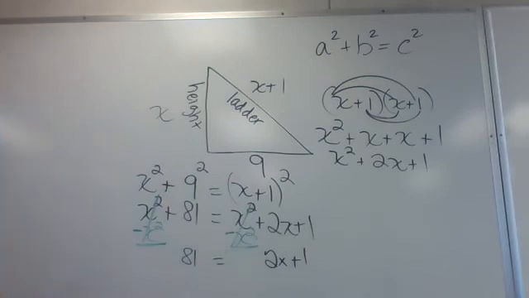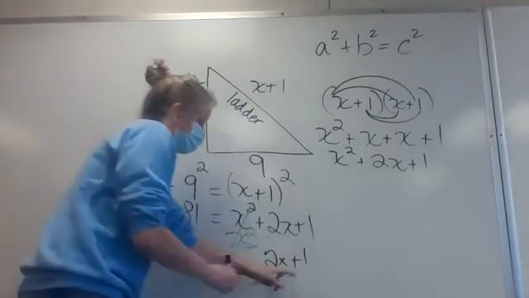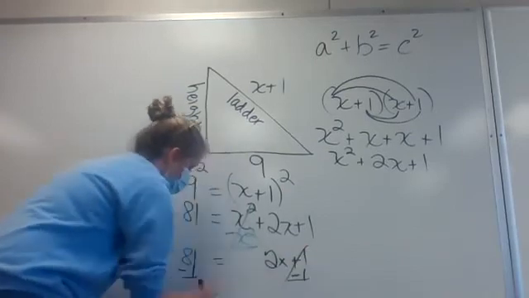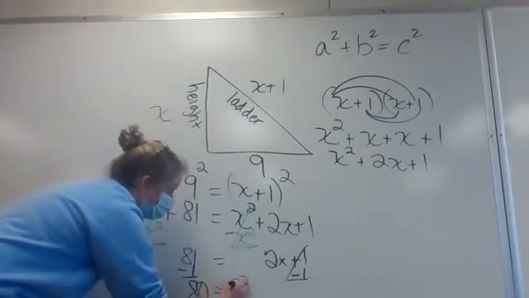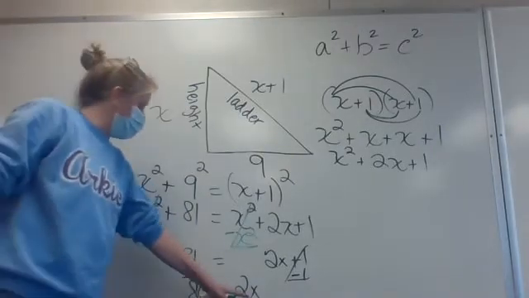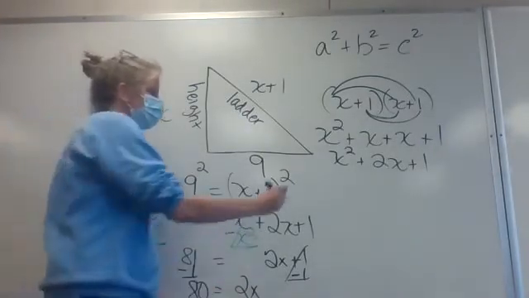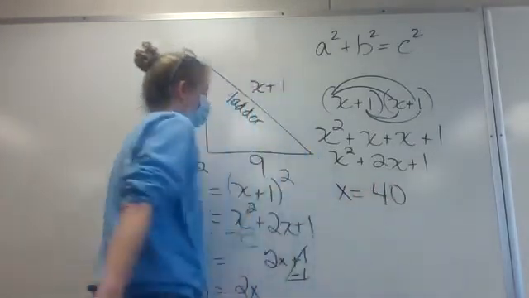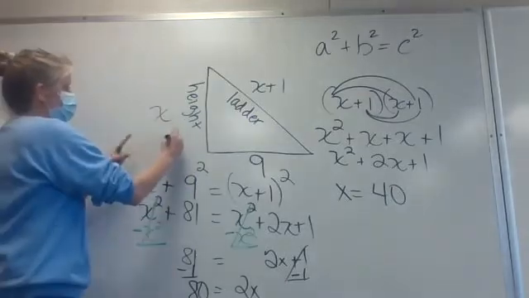So I'm not quad anymore, right? I'm just trying to solve for x by isolating it, which means I need to subtract 1. So now I have 80 equals 2x. So when I divide both sides by this 2, what do I get? X equals 40, which represents this side.